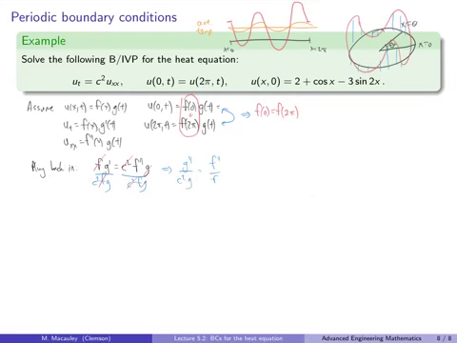And since the left-hand side depends only on time, not on position, and the right-hand side does not depend on time, then it must be equal to a constant. Let's call that negative lambda. Okay, so this gives us two ODEs. We have f double prime equals negative lambda f, and g prime equals negative c squared lambda g.